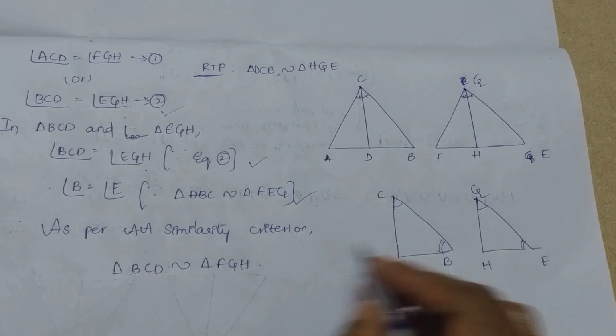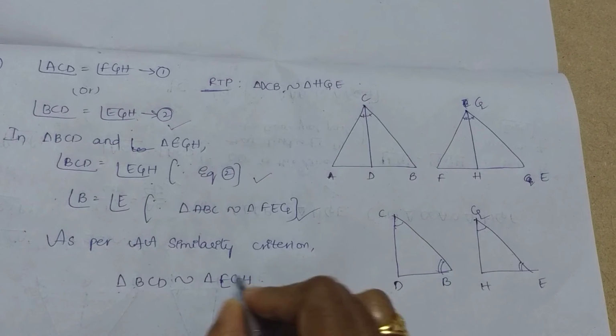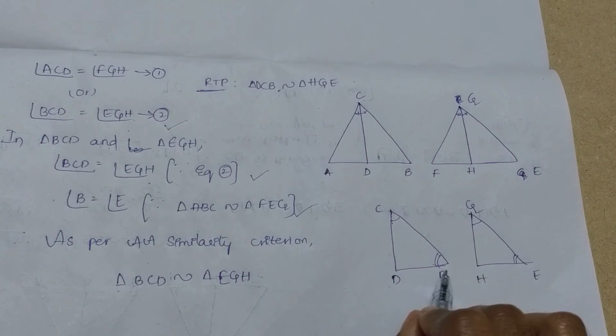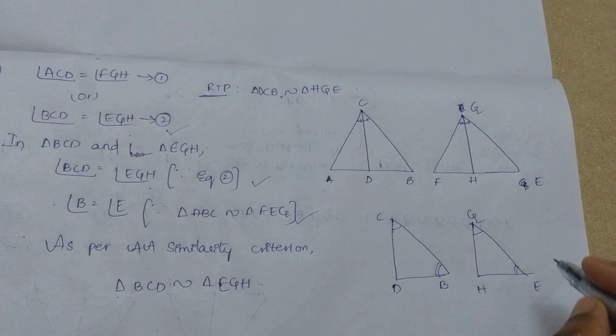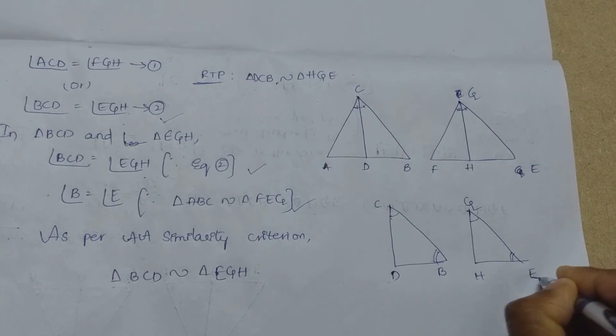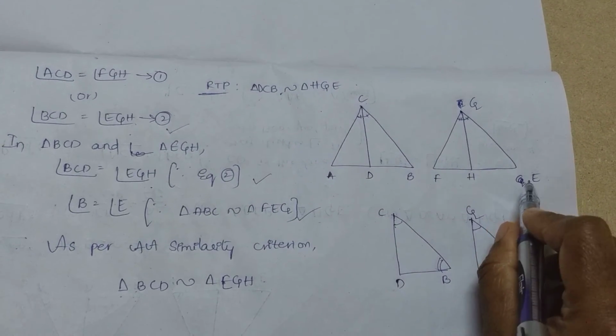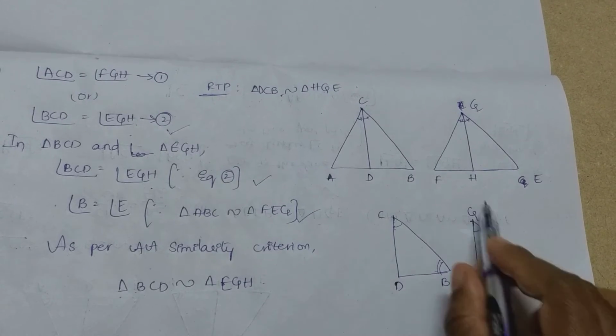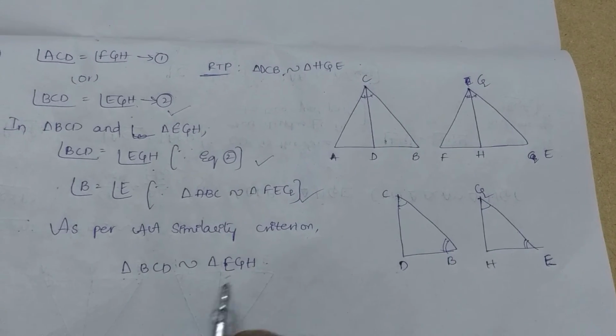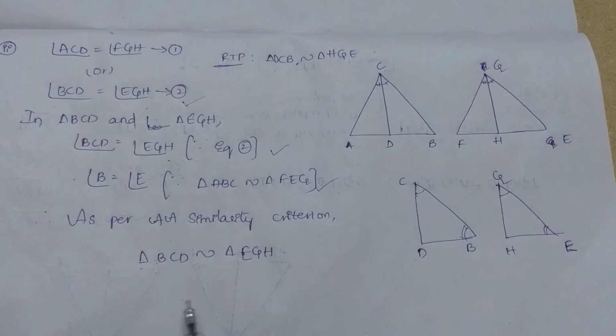HGE. This is not F, it is E. Sorry, it's E. So triangle BCD is similar to triangle, this is D, I'm sorry. See here it is E. So triangle EGH. So as per required to prove, we got it right.